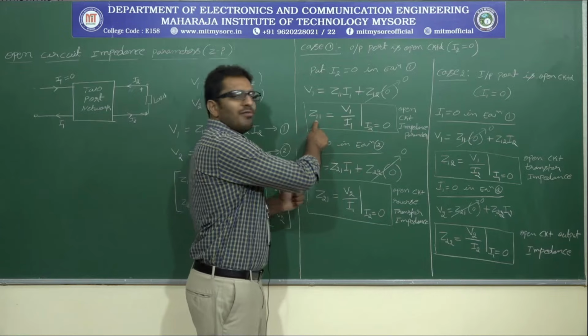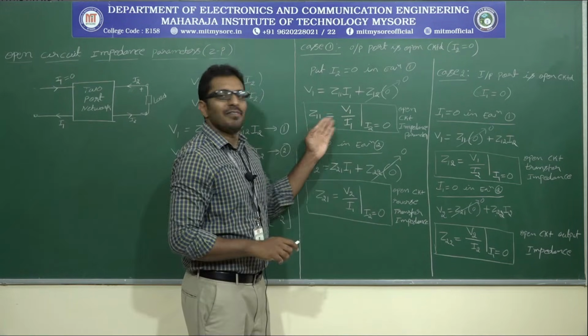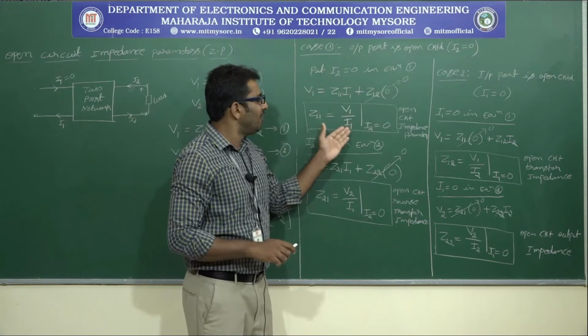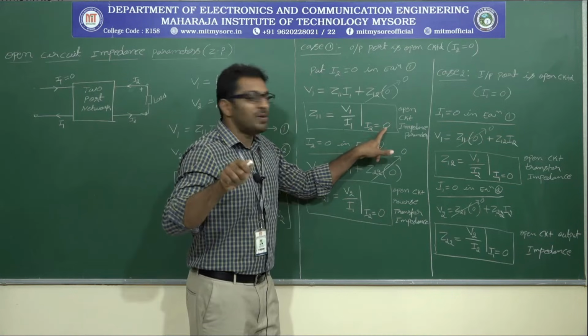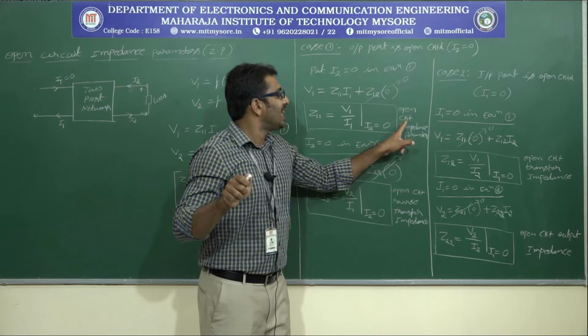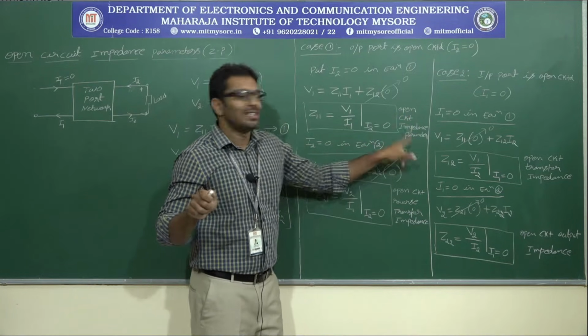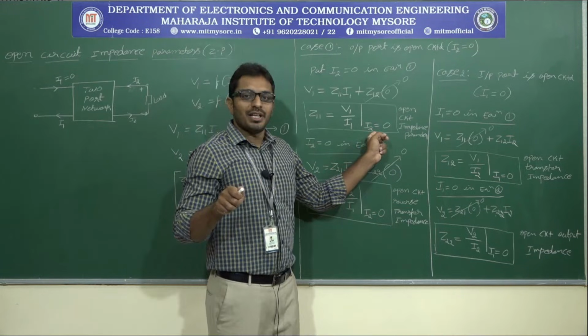Okay, say there is a name for all these 4 individual Z parameters. Z11 is equal to V1 by I1. You know what Z is? V by I. Z11 is equal to V1 by I1 at I2 is equal to 0, known as open circuit impedance parameter. This is impedance. How did we obtain it? By making open circuit.